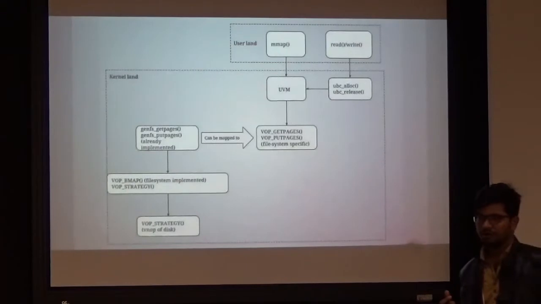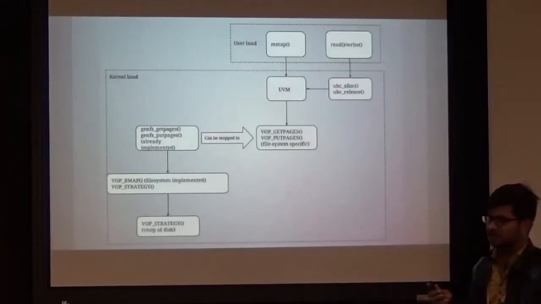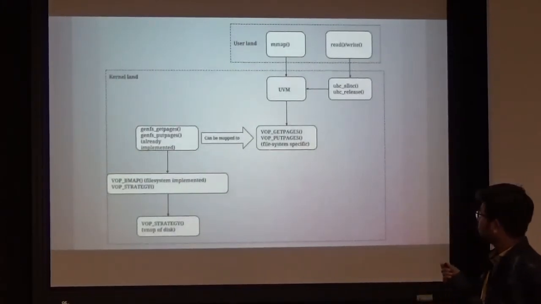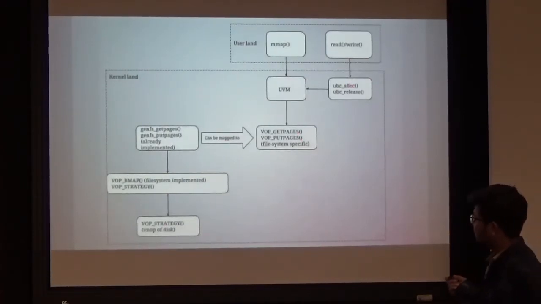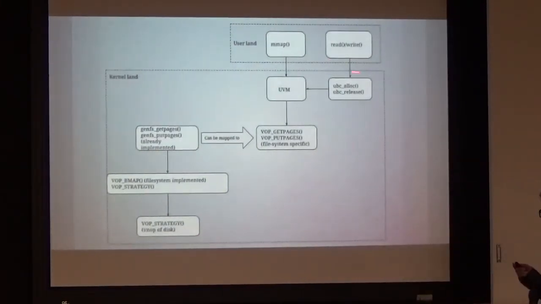These are kind of like bread and bwrite functions. UBC allocate will itself allocate the pages, and then those page requests go to the UVM, so the flow is the same again. So for both utilities, UBC maps them to a single flow so that data doesn't have redundant caching. And this whole thing comes under UBC.